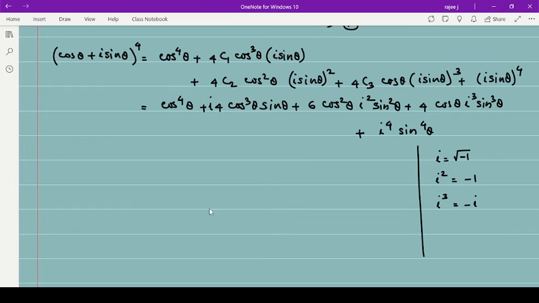You need to learn this. i raised to 4 will be plus 1, because i raised to 4 is i square into i square, which is minus 1 into minus 1, plus 1.